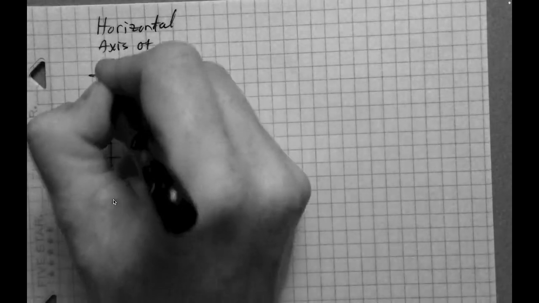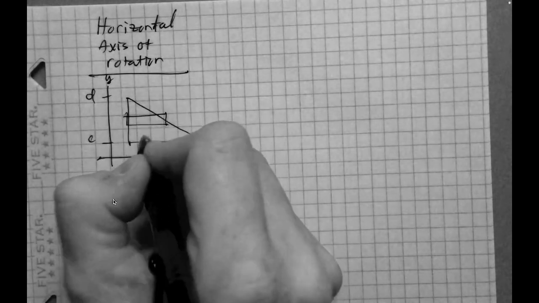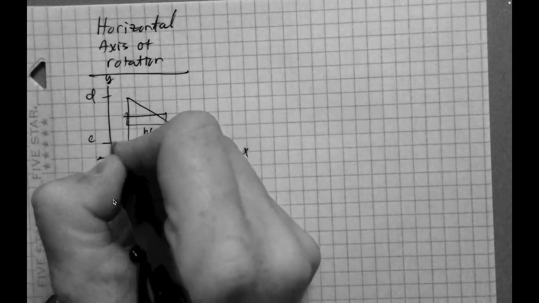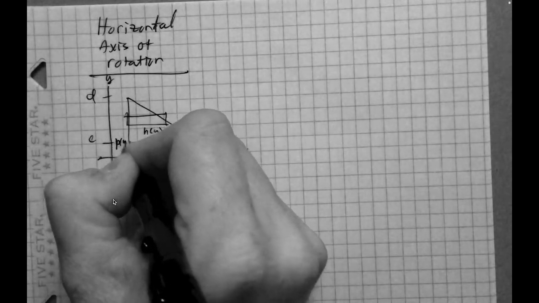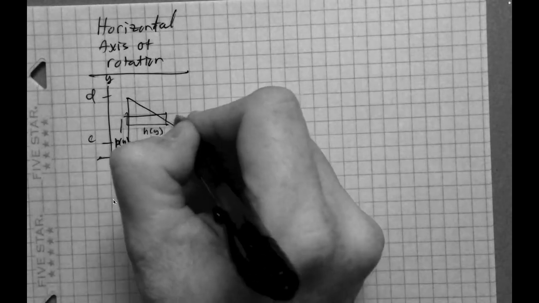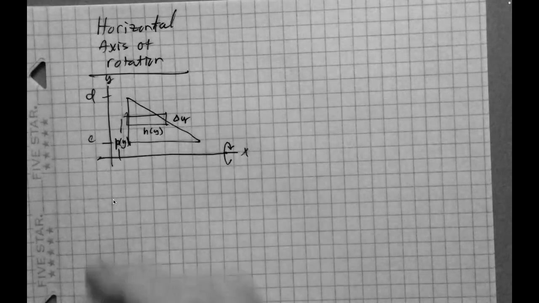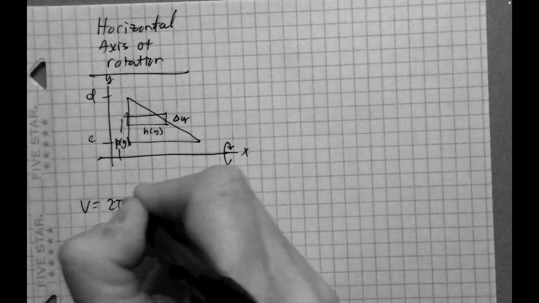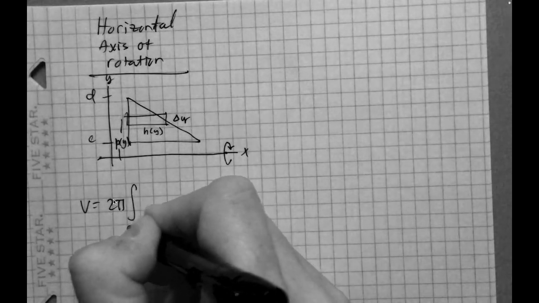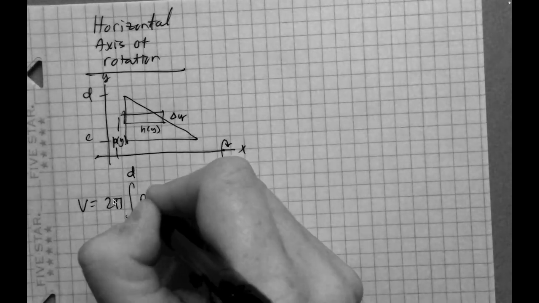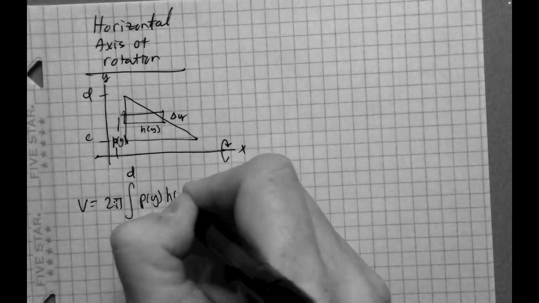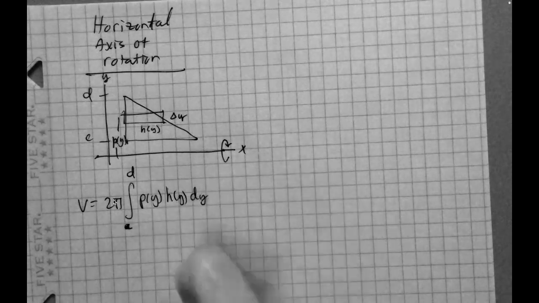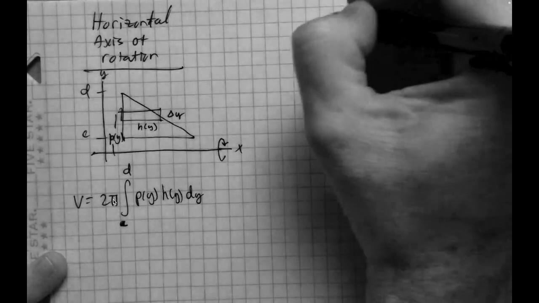If this is x and this is y, then you're going to have an h of y, a p of y, and delta y's. And so the volume would be 2 pi times the integral from c to d of p of y, h of y, dy.